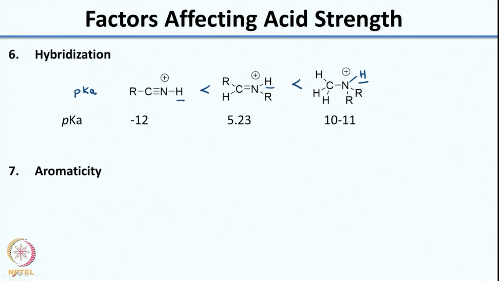It is the hybridization, because the electronegativity of the atoms is very similar here. What you see is you have an sp hybridization here as compared to an sp2 here as compared to an sp3. So, as the percentage s character increases, the acidity of the species increases.